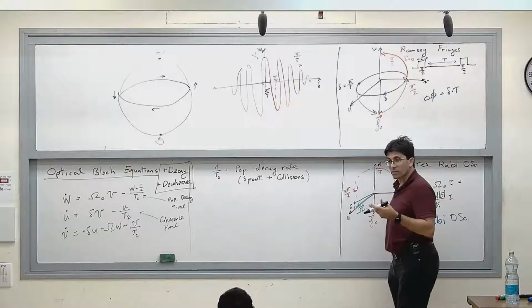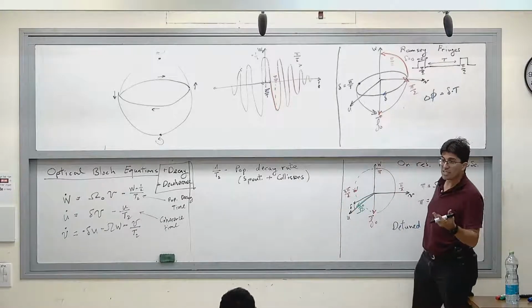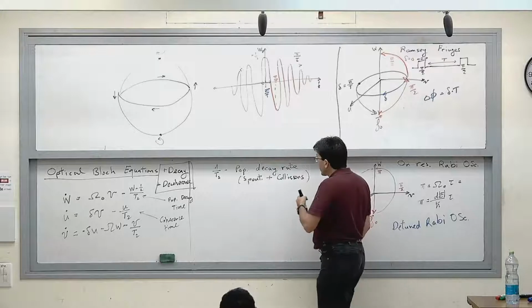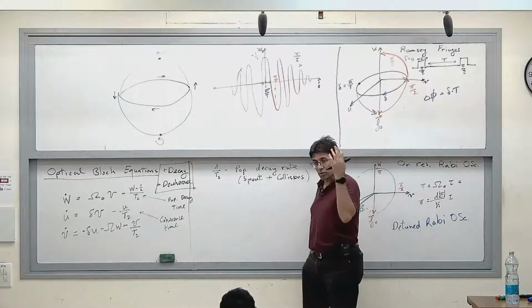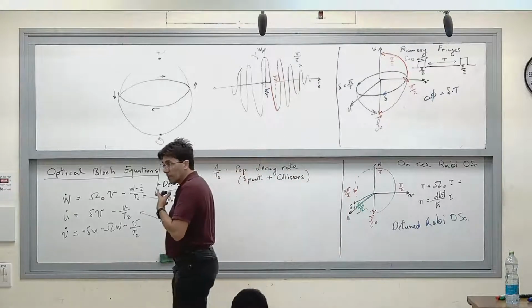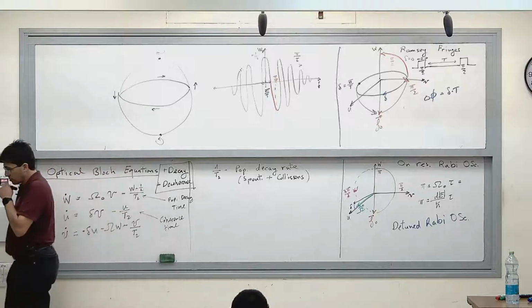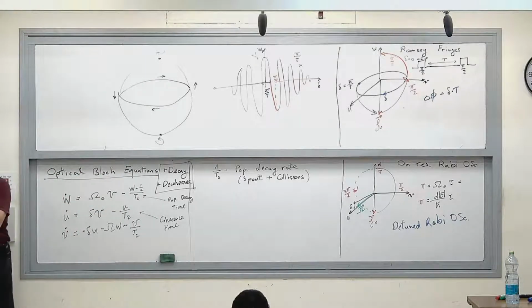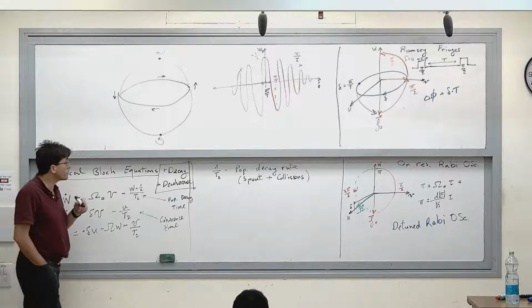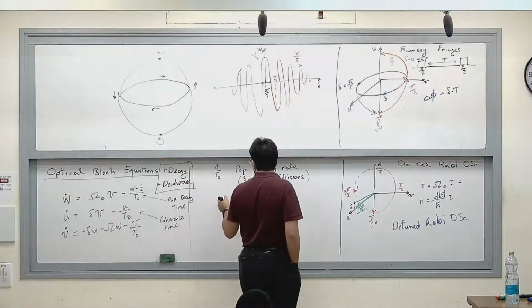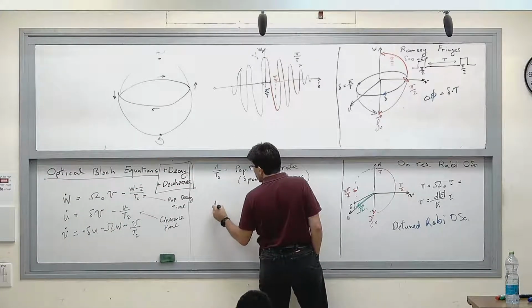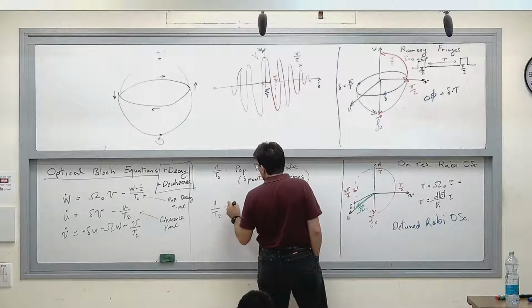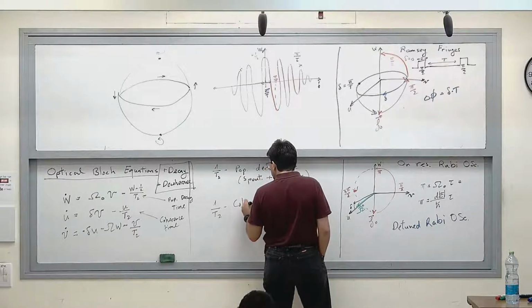If you have a dense and hot ensemble of atoms, whatever it is that causes the population to decay is included here. And 1 over T2 is the coherence decay time.